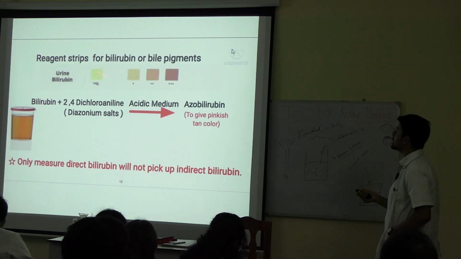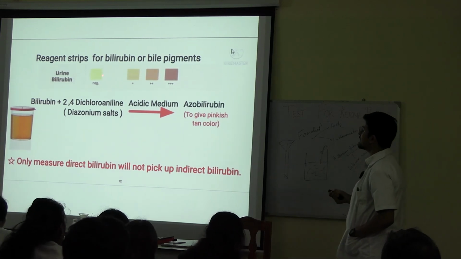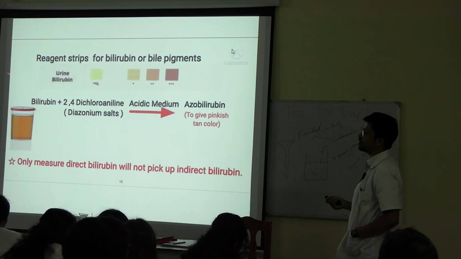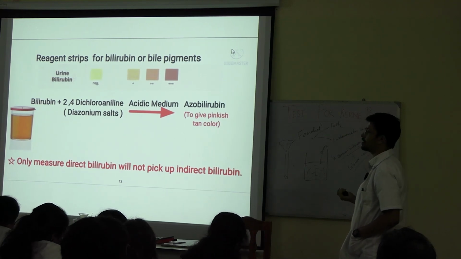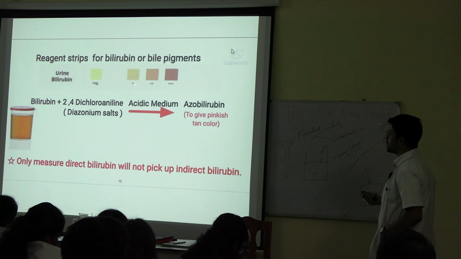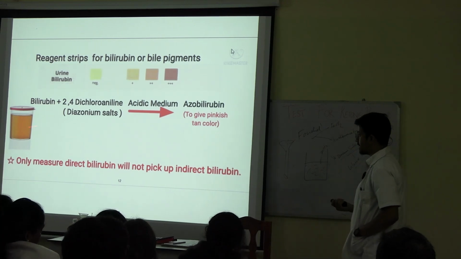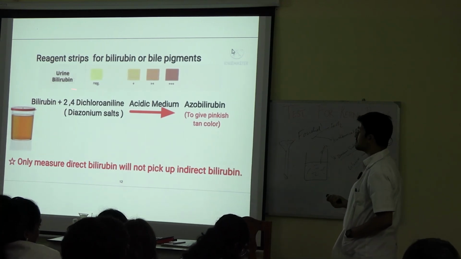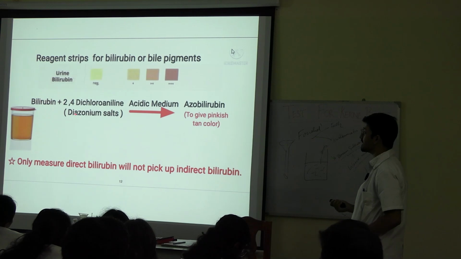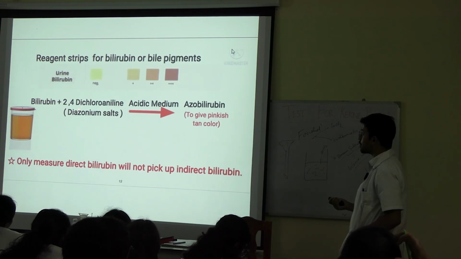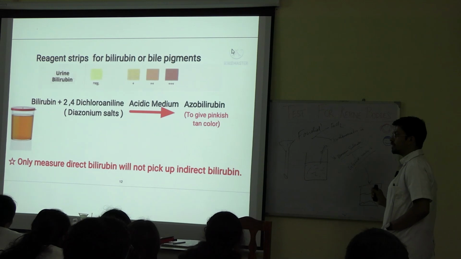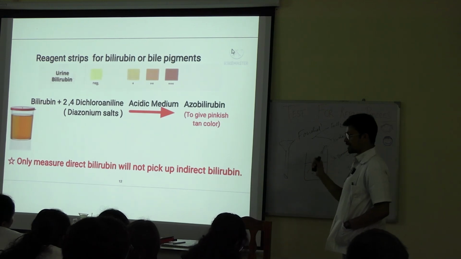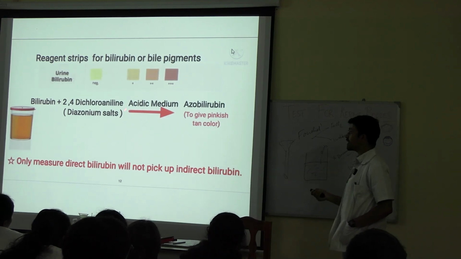For bilirubin we are using the strips. Now let's say if it is negative, this will remain yellow as it is. If it is present, it can go into pink or multiple shades of pink. Okay, it can be +1, +2 and +3 depending upon the grades. Now what is important is the chemical that we are using in the strips. Okay, the strips are coated with 2,4-dichloroaniline. The strip that we are using to estimate the bilirubin is coated with 2,4-dichloroaniline.